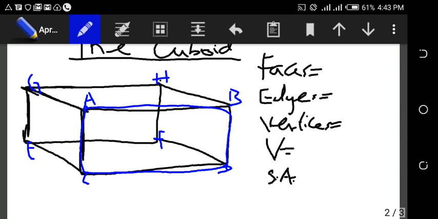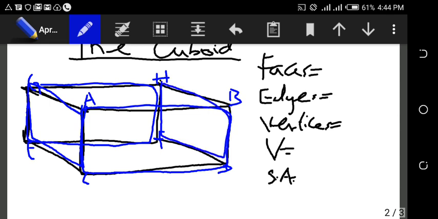Let's go to the opposite, the back side of it. So we have another one here, making it 2 faces. Let's consider this left hand side as G, A, C, E. That's 3. The opposite of it, that's H, B, F, D. Come over to this side, that's 4.